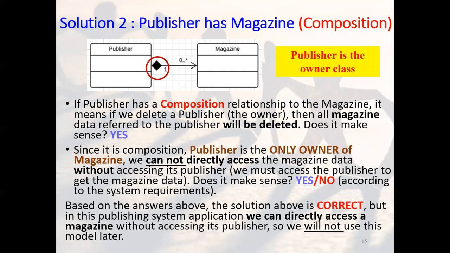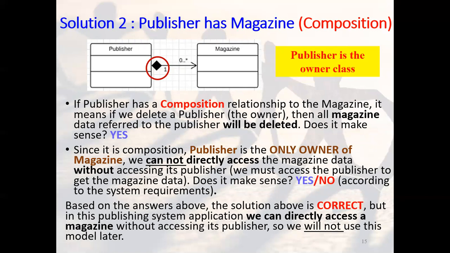Solution 2. What if we switch sides? It is still composition, but this time publisher is the owner of magazine. Based on the relationship, if a publisher is removed, then all magazine data should also be removed or deleted.